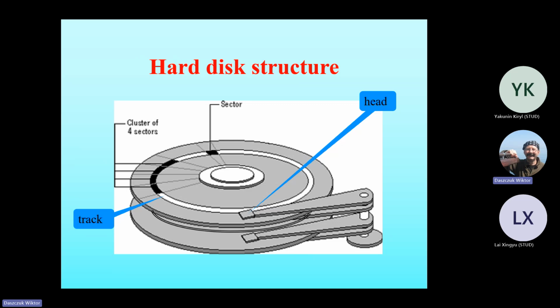So they are nearer or farther from the axis with a step motor. So a given stable position of this step motor gives access to the data at a given distance from the axis.